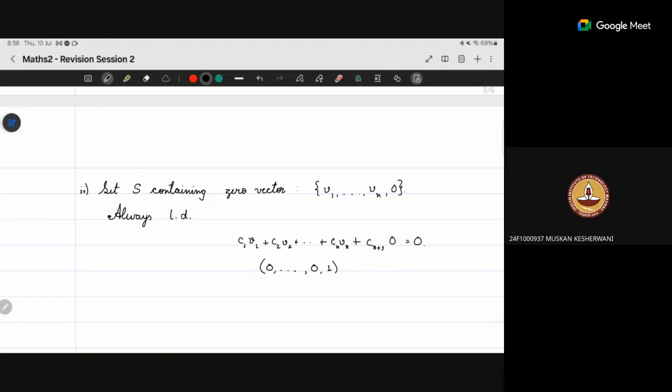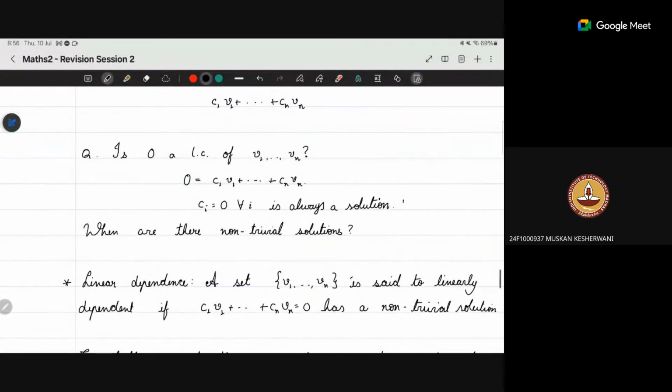We are not talking about homogeneous or non-homogeneous systems of equations, but I'm just asking, can there be a non-trivial linear combination which equates to 0? In this case, the answer is yes. And if that is the case, then it is called linearly dependent.